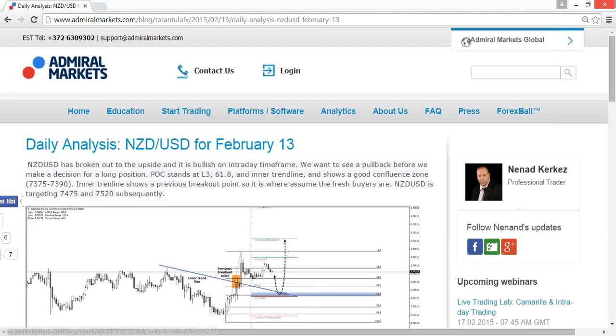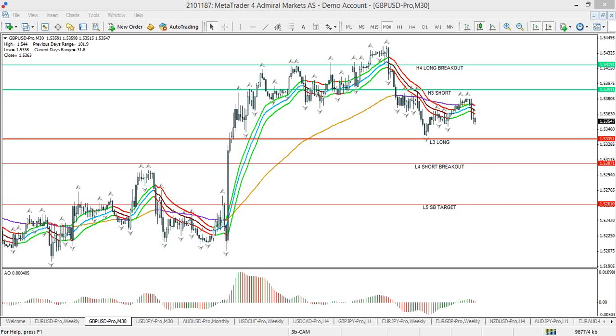So let's take a look. Alrighty, there it is. So, goal now to take a look at the lower time frames using the Camarilla.